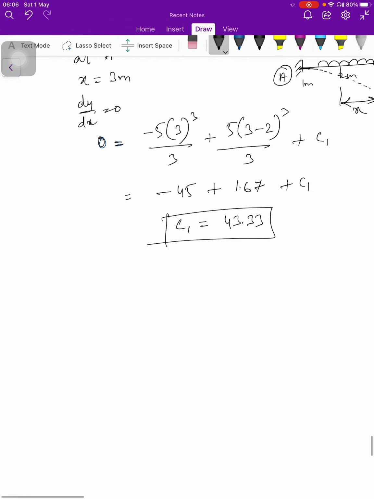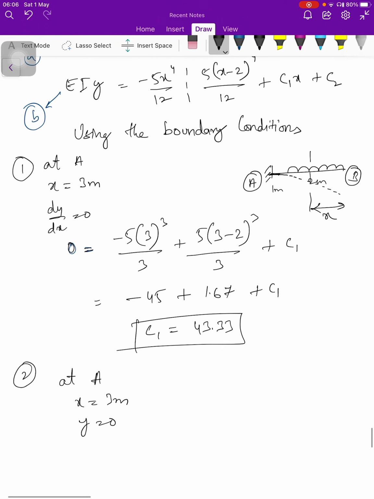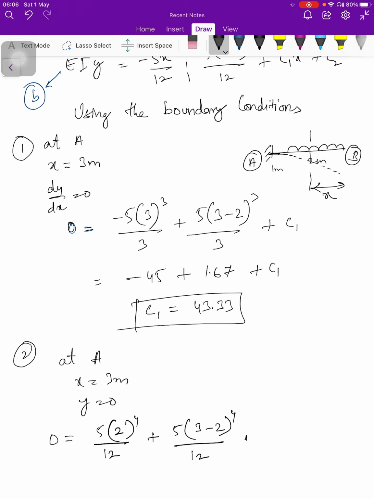Now using the second boundary condition, this was the first boundary condition. Second boundary condition, at A again x is equal to 3 meters, you have y is 0. Substitute this in the second equation, or equation B. 0 is equal to minus 5 into 3 power 4 by 12 plus 5 into 3 minus 2 whole power 4 by 12 plus 43.33 into 3 plus C2.